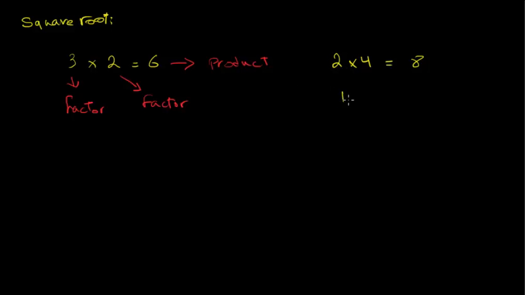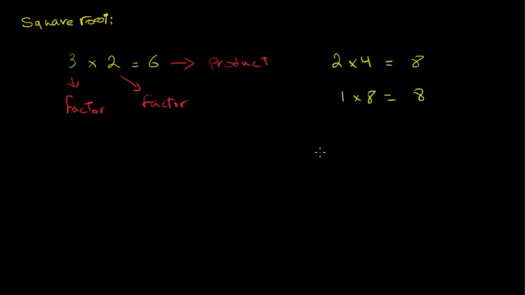It could be 1 times 8 equals 8, right? When you have two or more numbers multiplied together, these are factors that produce a result, which is our product. So factors are the numbers you multiply together to get another number.